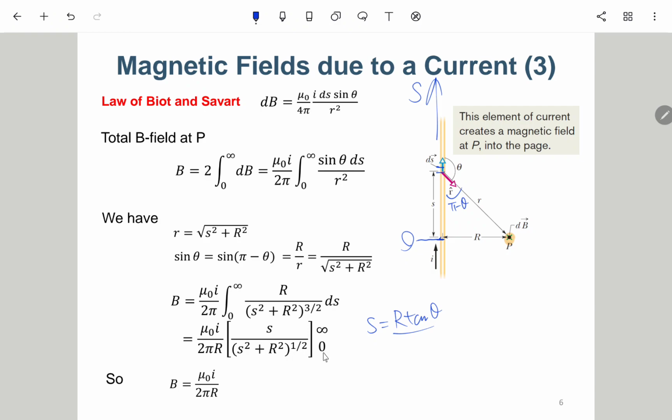Plugging in 0 will be nothing but 0, and putting in infinity will be 1. This is the constant, so finally this whole term becomes 1, which means that B equals mu0 I over 2 pi r.